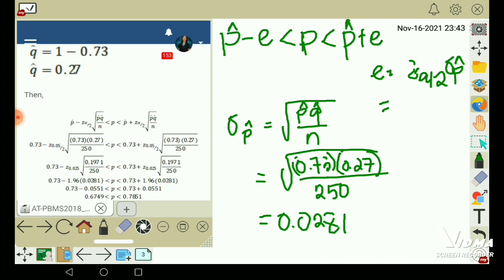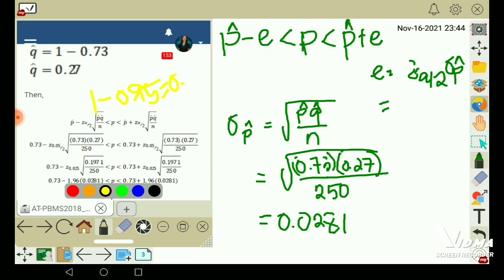And again, 95% is given by 1.96, Z sub alpha over 2. Remember that your alpha is 0.05, and that is divided by 2. Again, 0.05 came from 1 minus 0.95, and your 0.95 is already given, which is your 95% confidence interval.